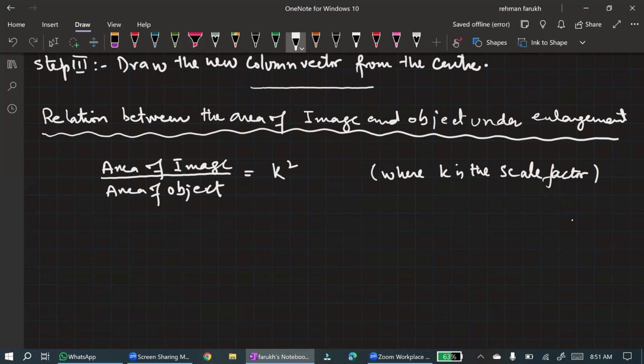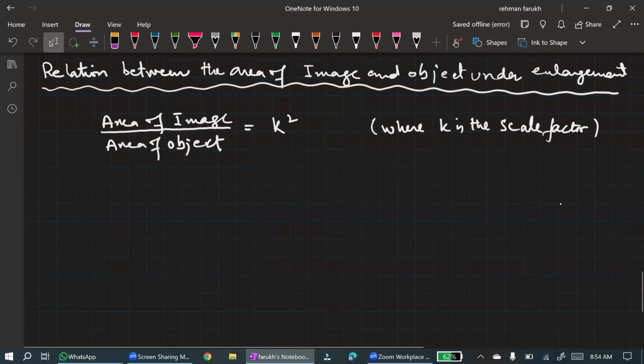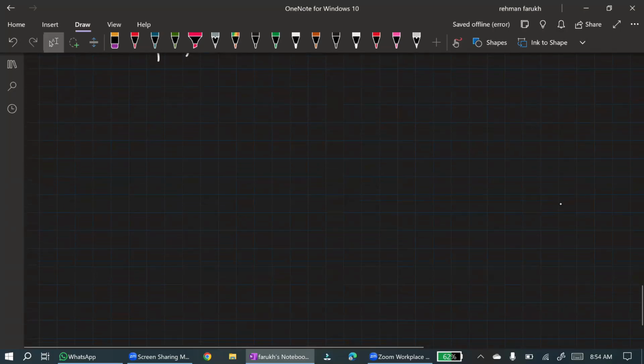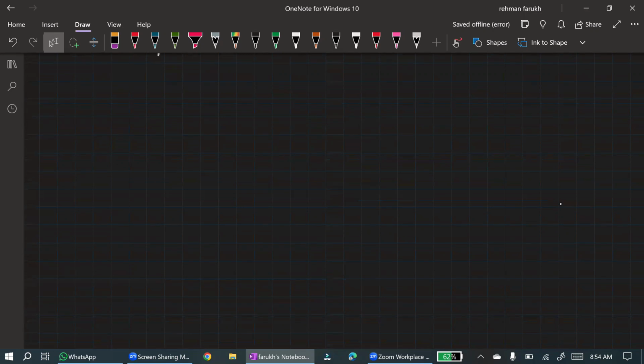Okay, it's all about enlargement. Is there any confusion? No, sir. You will attempt the exercise in the description given. Now we will learn about the matrix of enlargement.